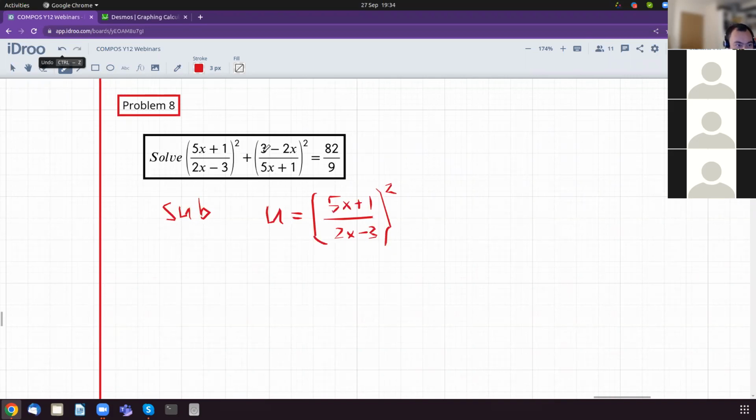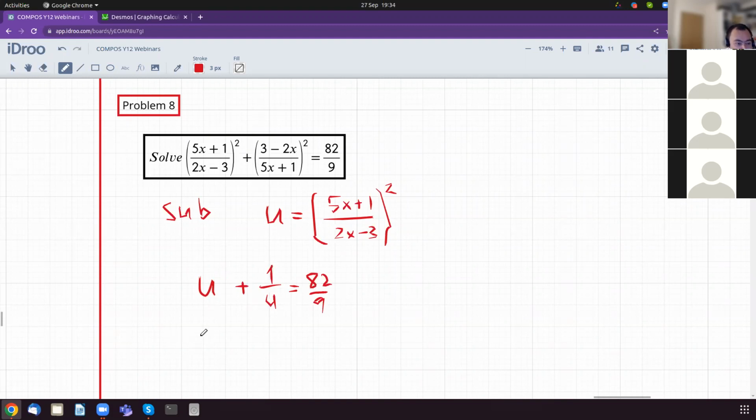These are very similar, but instead of 2x minus 3, you have 3 minus 2x. But because it's a square, it doesn't make any difference. We're running out of time, so I won't get too deep into that. But you have u plus 1 over u equals 82 over 9.